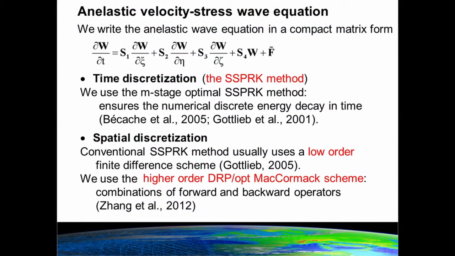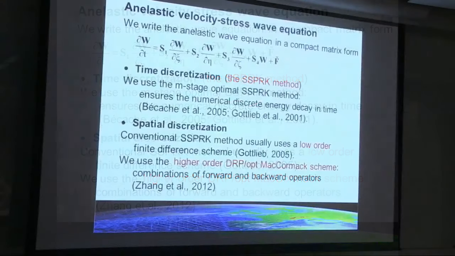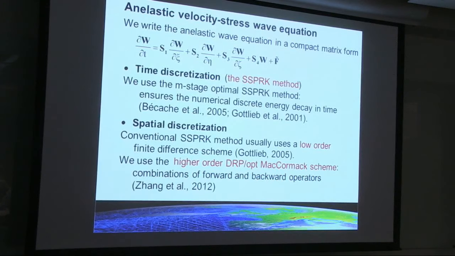And we use the optimal M-stage SSPRK method for temporal discretization. It ensures the numerical discrete energy decays in time. For the spatial discretization, the conventional SSPRK method usually uses a lower order finite difference scheme.